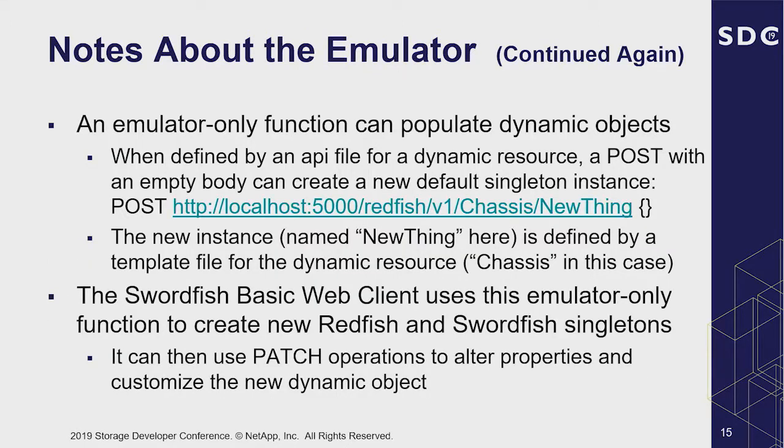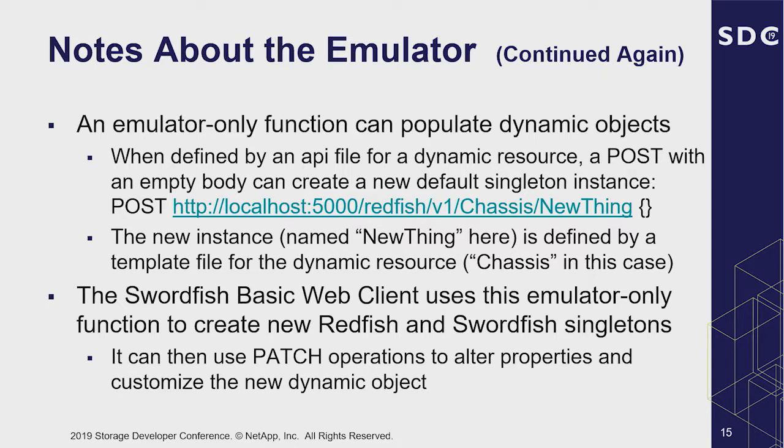Okay. Now the emulator does have one funny thing in there which is not really a Redfish or a Swordfish operation. And that's where you can send a post to a URI with a named object at the end and an empty body. If you send that to a collection, that's a signal to the emulator to go talk to the thing that would know what to do with that collection, and it instantiates an object called, in that case, new thing.